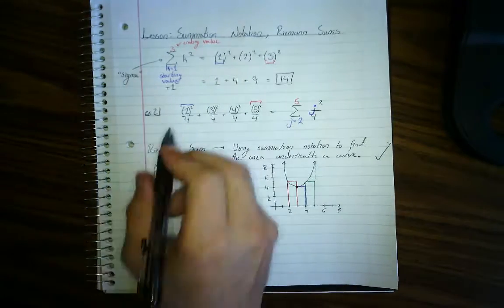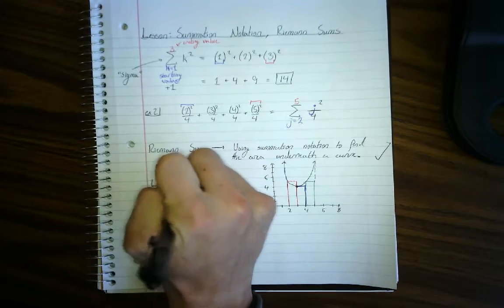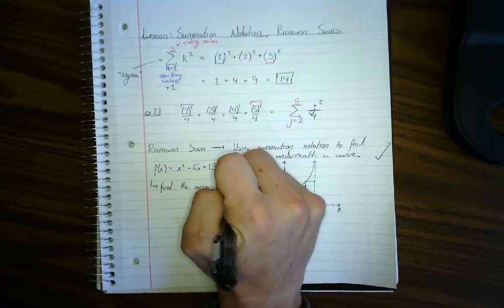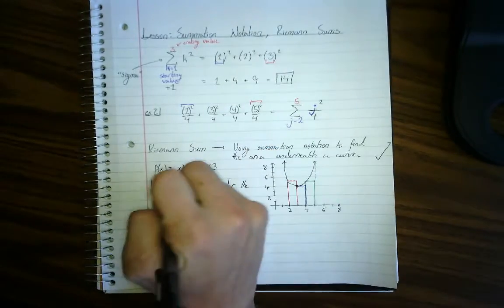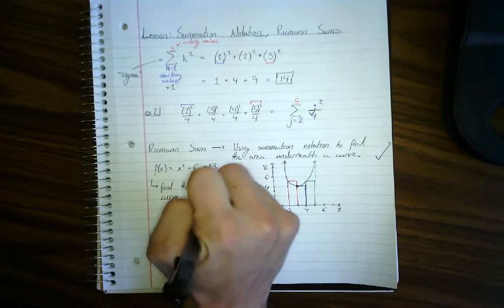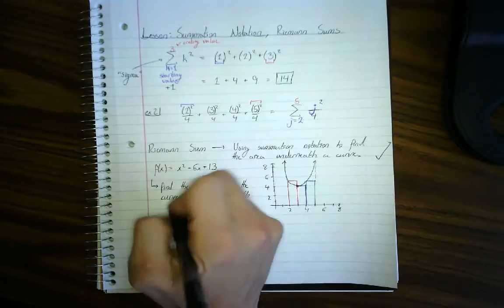So what we're doing with this is we're trying to find the area under the curve and represent it with summation notation, okay?